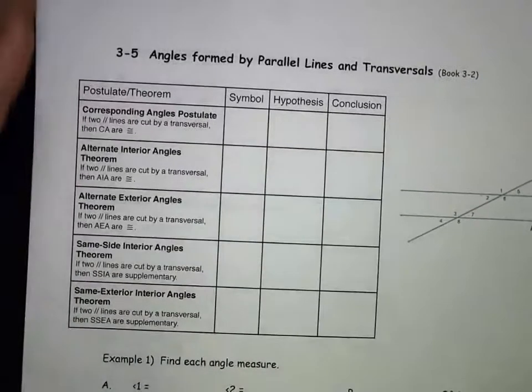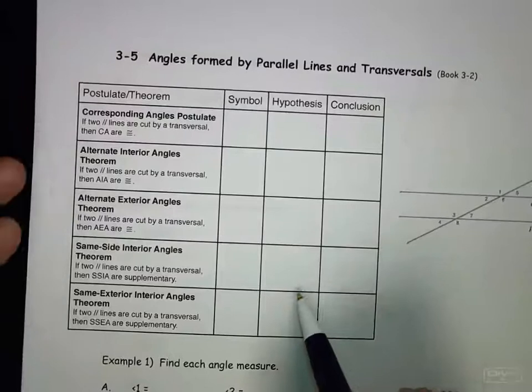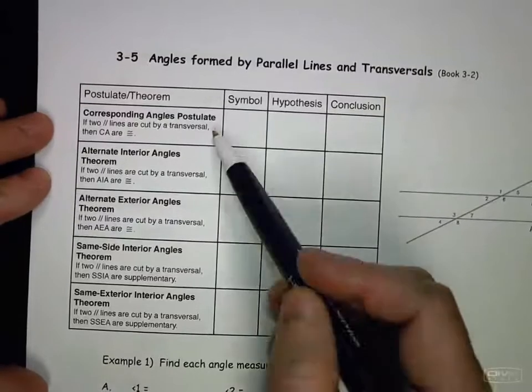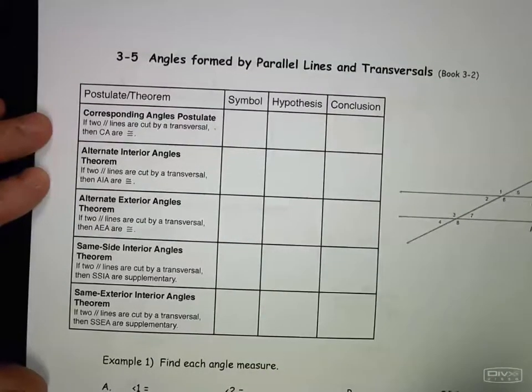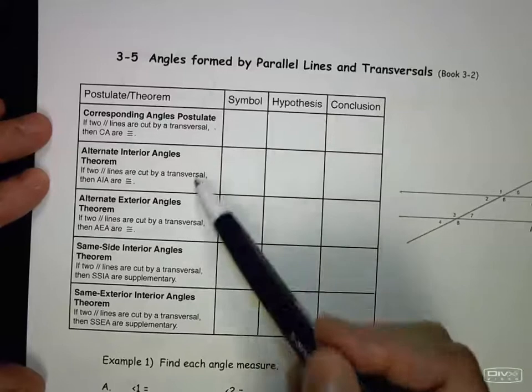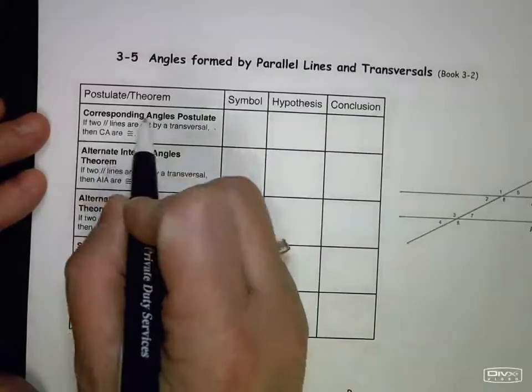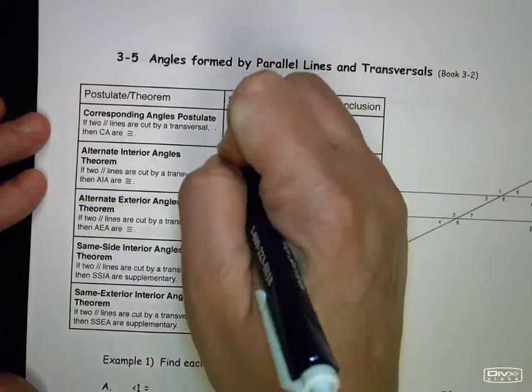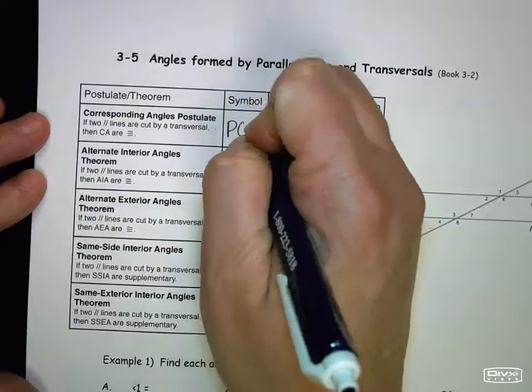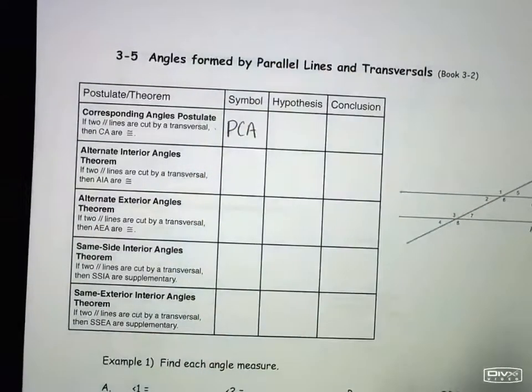Chapter 3, Section 5 is 3-2 from the book, and we start with these 5 different theorems about these 5 different angles we talked about yesterday. First one is corresponding angles postulate, and we sometimes call this PCA.